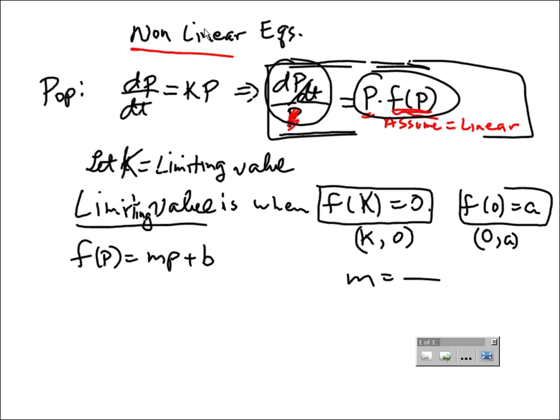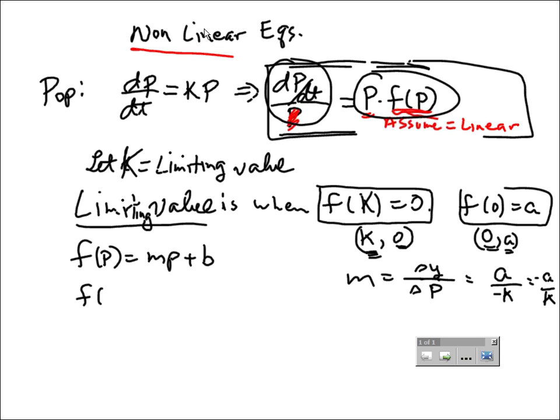The slope will be, well, let me think a moment. It's going to be the change in y over the change in x. But x is p. Well, y goes from 0 to a. So it went up a. P goes from k to 0. It went down k. So the slope is negative a over k.